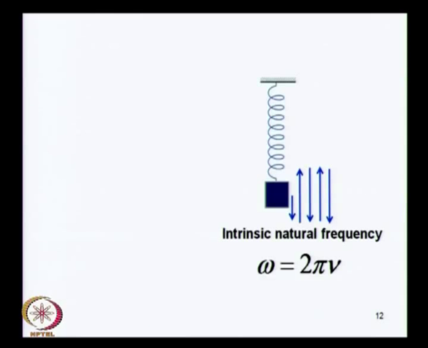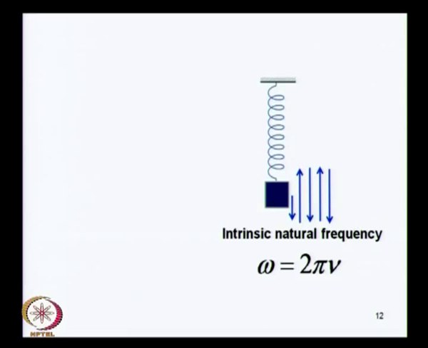Now this oscillator will go through one cycle at a certain rate, and it will go through a certain number of oscillations in a given unit of time. So that is your frequency nu, and twice pi nu is what is called a circular frequency.